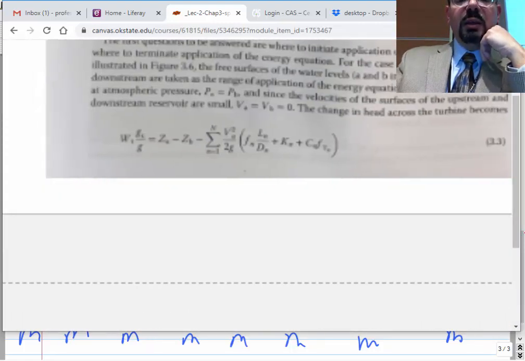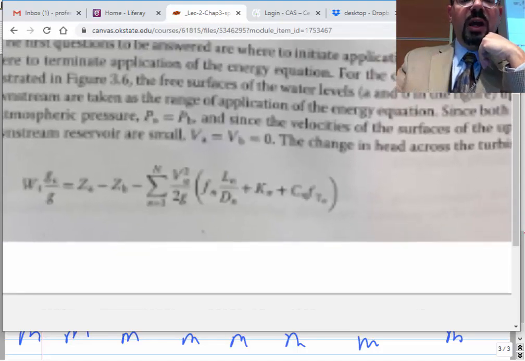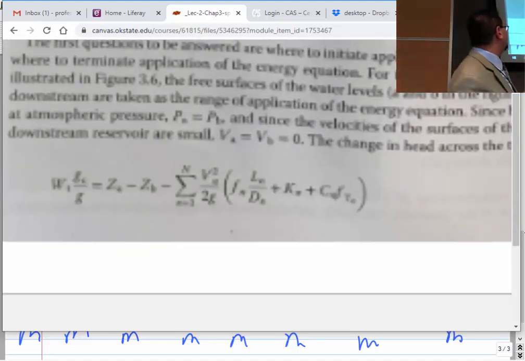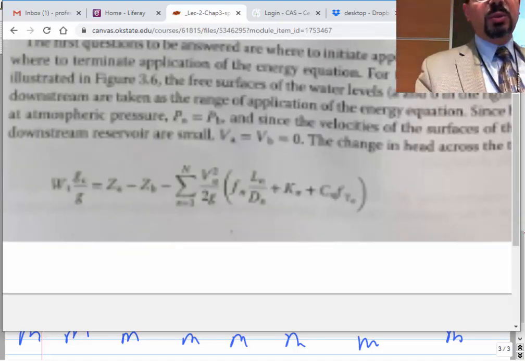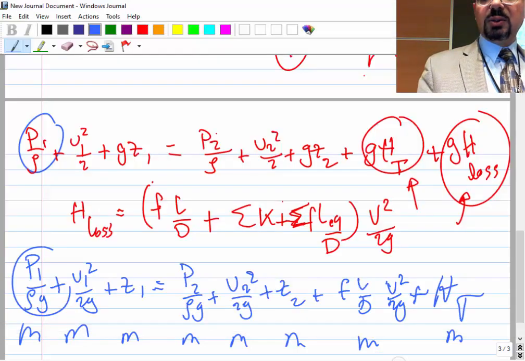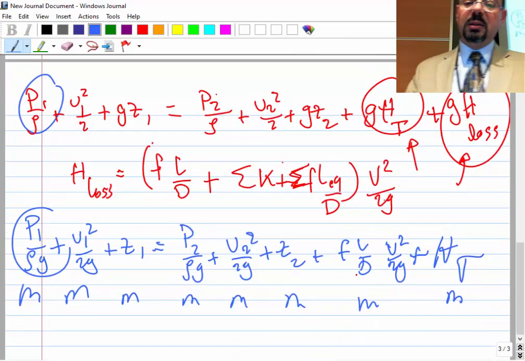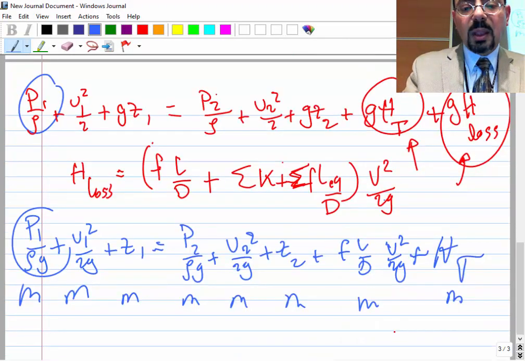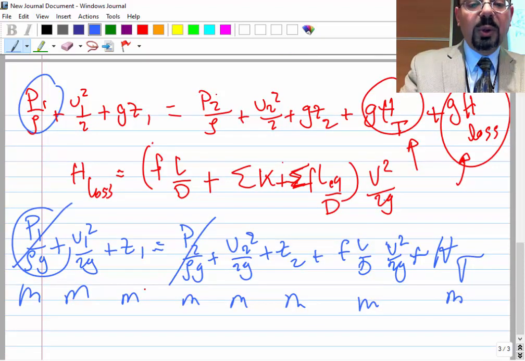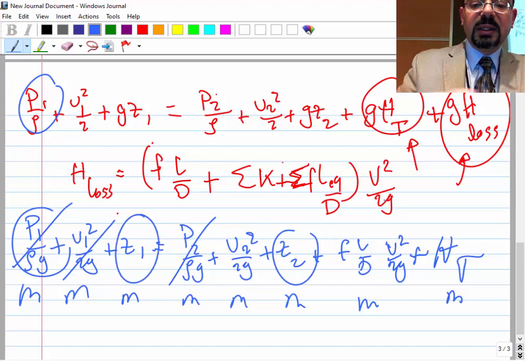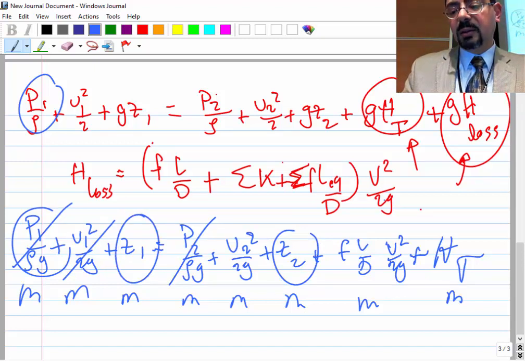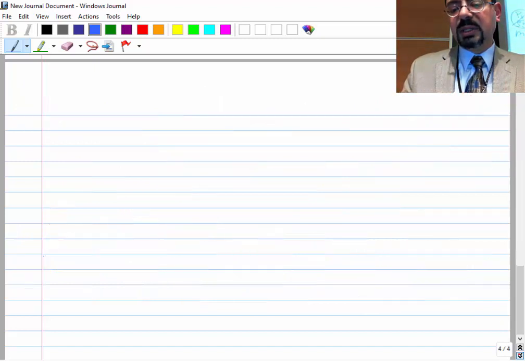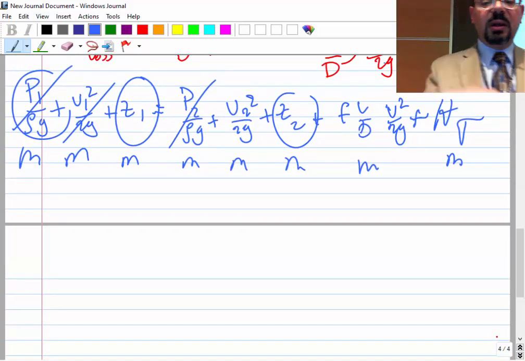So at the end of the day, you figure out that the work that you are getting from the turbine is the delta Z minus all the losses, right? So if I write this, and we said those all will go away, and this is 0, so this is what's driving, and everything else is basically eating from it, right?